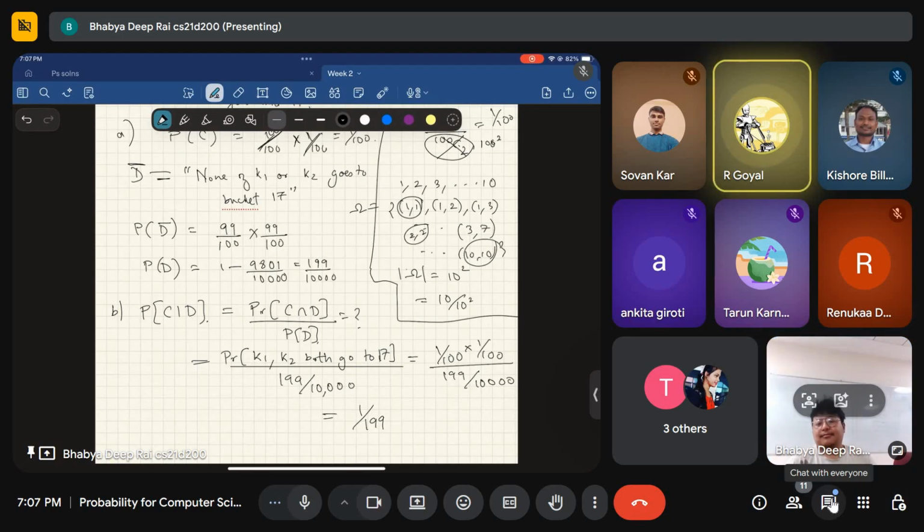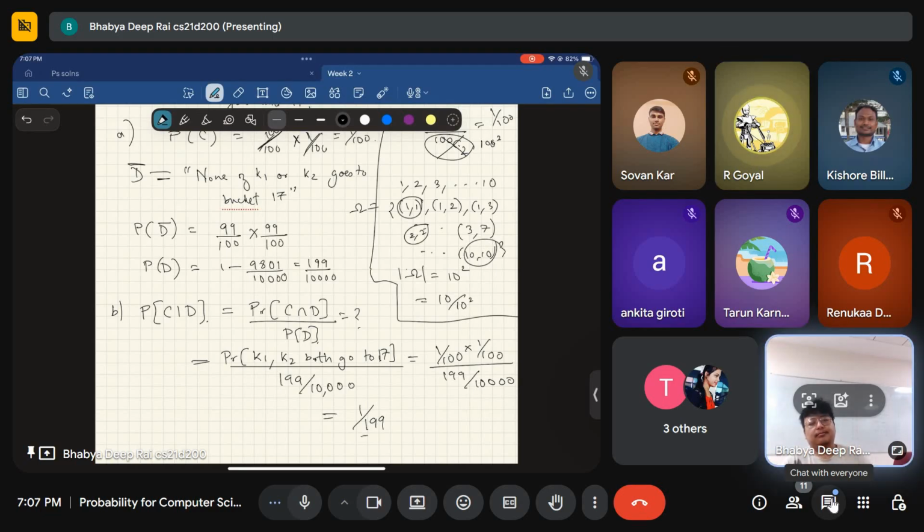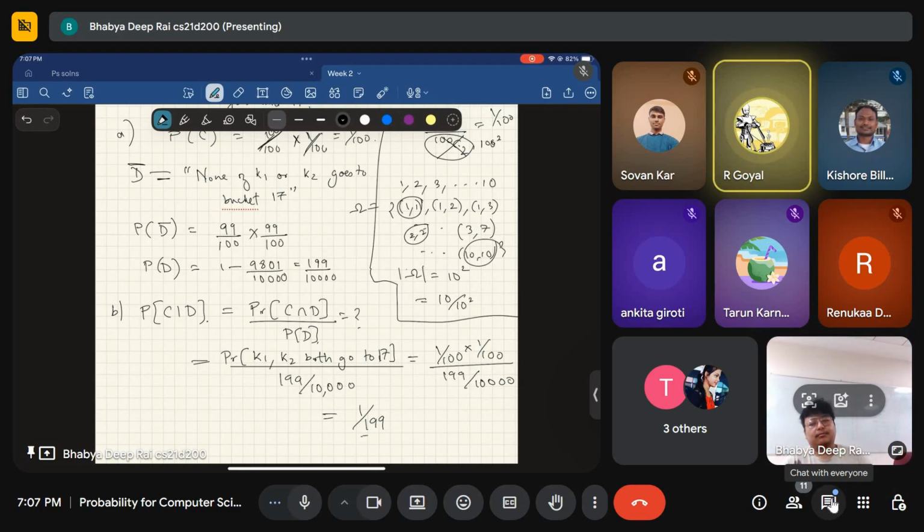And what's the probability of C? That value is 1 by 100. So having the evidence D is making an impact, and since this is making an impact, both are not independent. That's right.